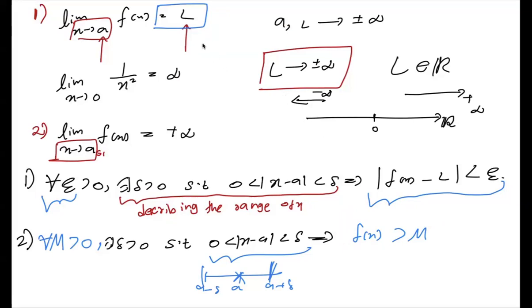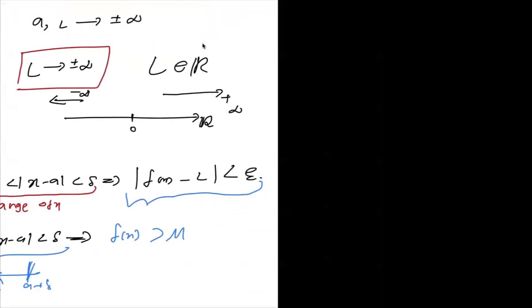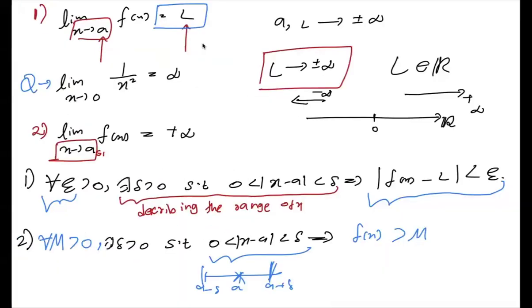Okay. So before going into the question, this is a very simple example. Before going to an example using positive infinity, I will copy these two definitions over to the new page.